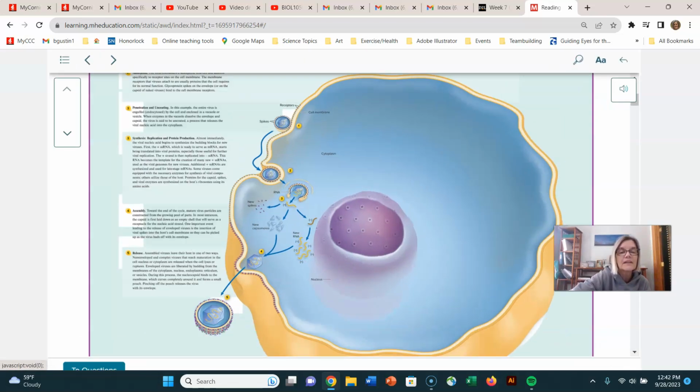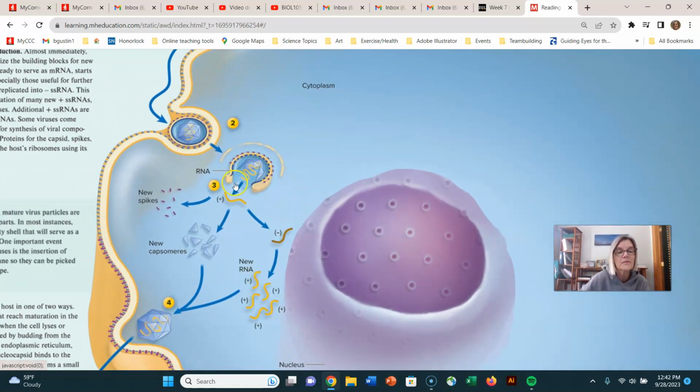Here we have the virus synthesizing its nucleic acid. And so what can happen is some of the DNA from the virus can actually go into the host cell nucleus and incorporate itself into the genes of our chromosomes.